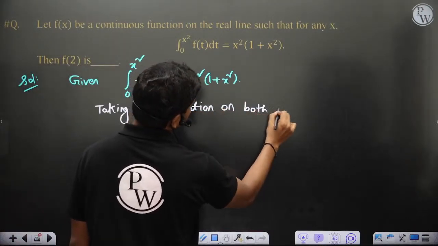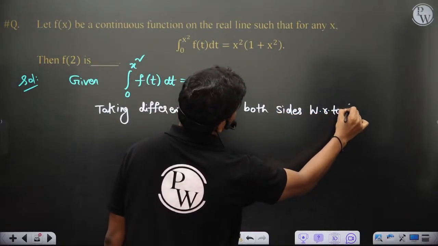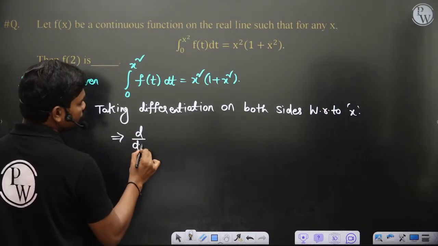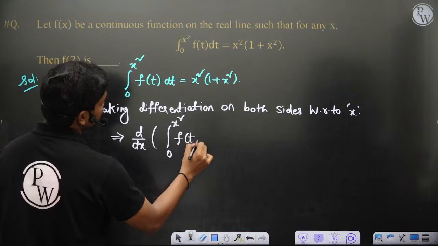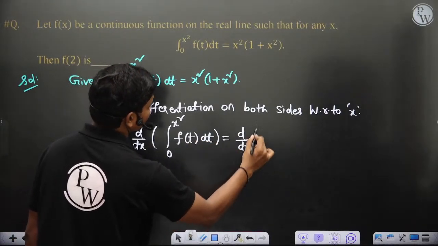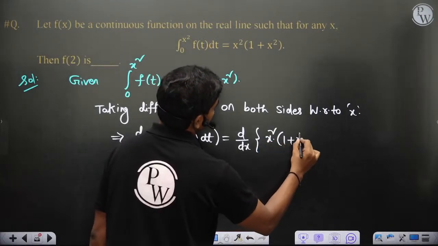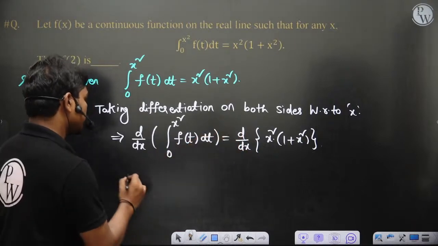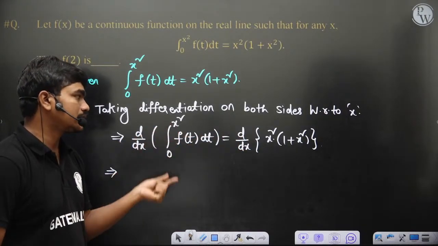So if you do this, then what happens? d by dx of the integral 0 to x square of f of t dt is equal to d by dx of x square times 1 plus x square. Okay, so this is what you get. So ultimately, if you expand this, then what happens? See here, d by dx of the integral 0 to x square of f of t dt.